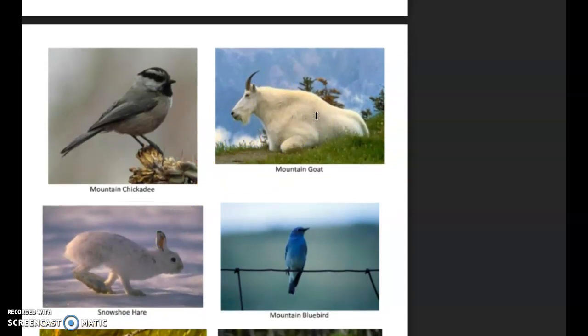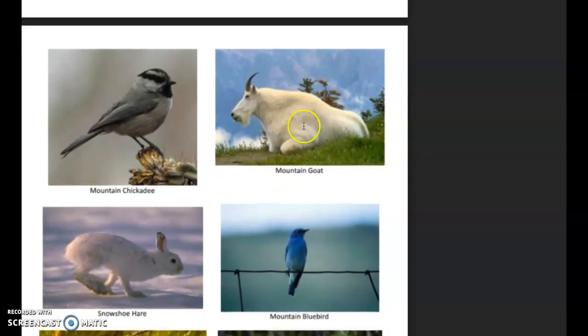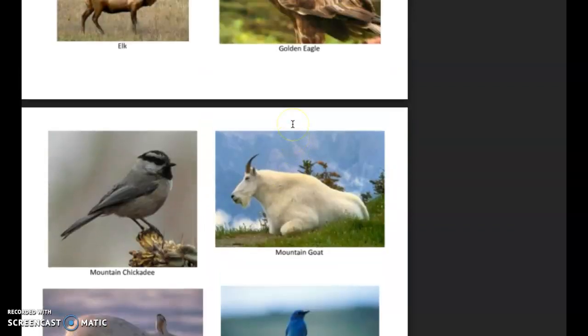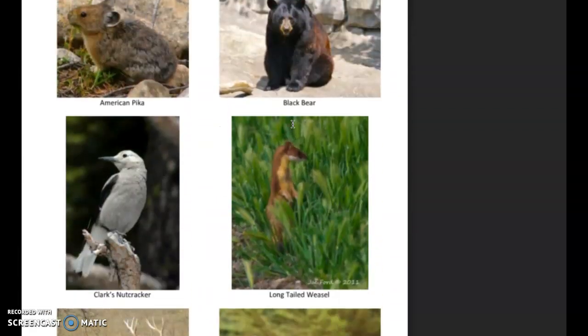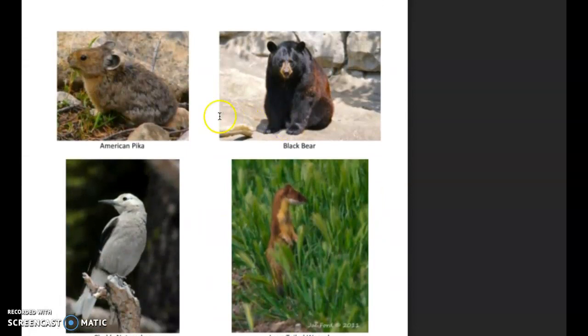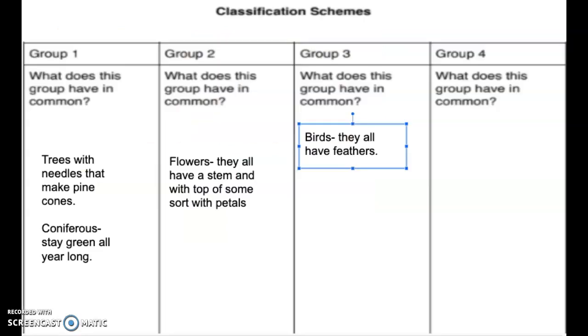But if there's one thing that we can put the snowshoe hare, mountain goat, the elk, a black bear, they're all very different. But one thing they all have in common is that they all nurse their young. They're what we call mammals. So let's go ahead and make that our fourth group.